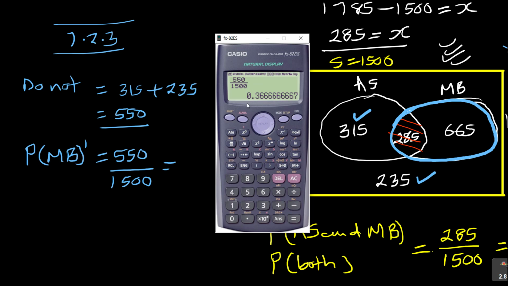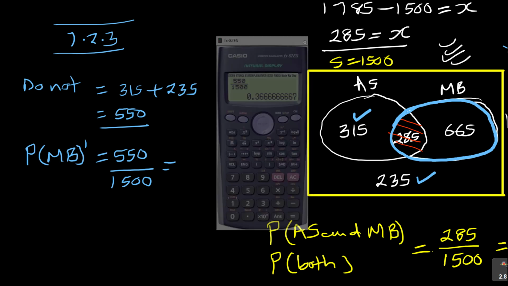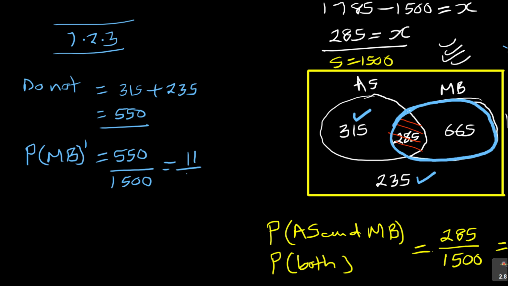You can leave it as 11 over 30, I think they said 2 decimal places, 0.37. So you can leave it as 11 over 30. That's the probability. Still fine, which is equal to 0.37. That is one way.